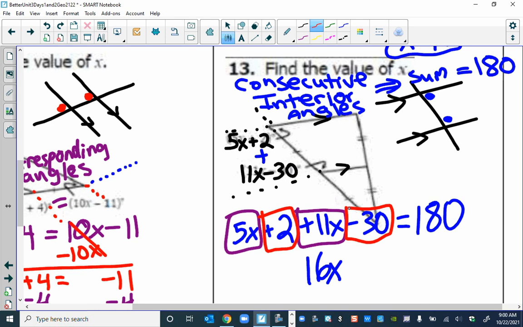Okay, they're on the same side. Just combine. We have calculators, so we figure out what's 2 minus 30. Minus 28. Always right. All right. At this point, can we solve for x on our own? All right, try that real quick. I'll give you about 2 minutes.